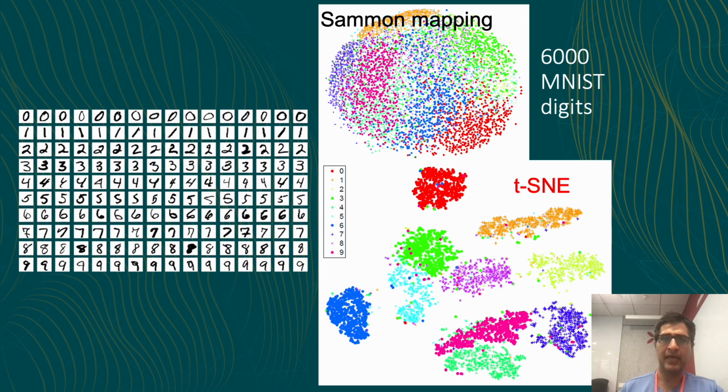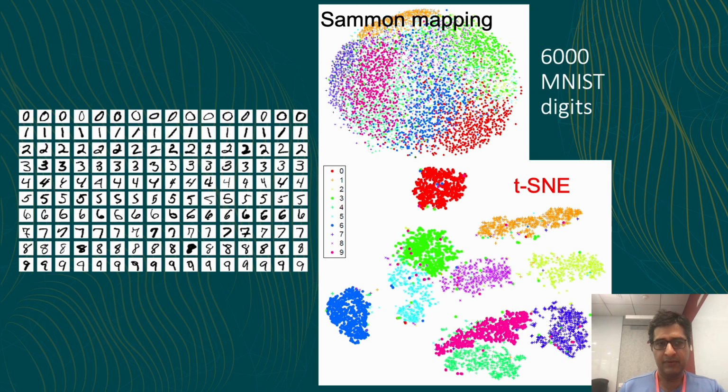So the MNIST dataset, for those of you who are a little familiar with machine learning, has been quite popular in machine learning for many years, where the problem was to be able to identify, or OCR read, digits written by hand.